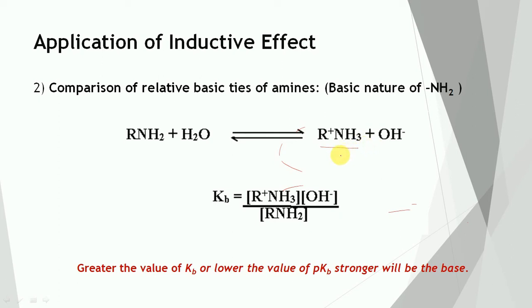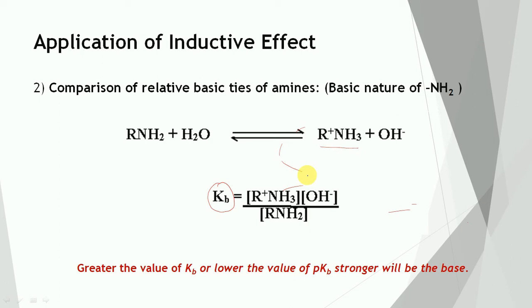The basic strength of amine is expressed in terms of the equilibrium constant Kb, and Kb is equal to the concentration of the ammonium ion times the OH minus ion divided by the amine. So the greater the value of Kb, the greater is the basicity of the amine.